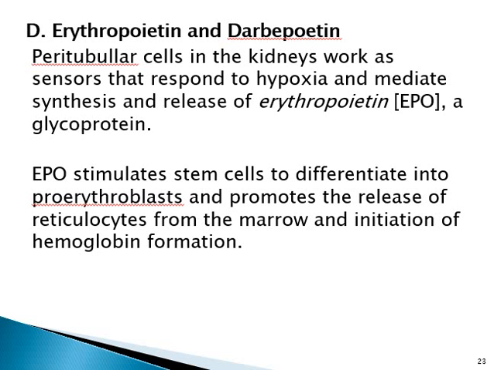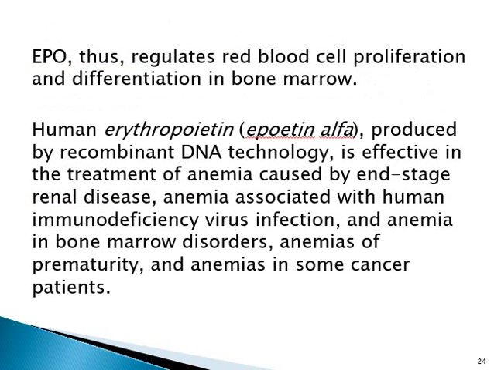Erythropoietin will stimulate stem cells to differentiate into pro-erythroblasts and promote the release of reticulocytes from the marrow and initiate hemoglobin formation. So we understand from this that erythropoietin is a control site for the synthesis of the hemoglobin from the bone marrow. Erythropoietin thus regulates red blood cell proliferation and differentiation in the bone marrow.